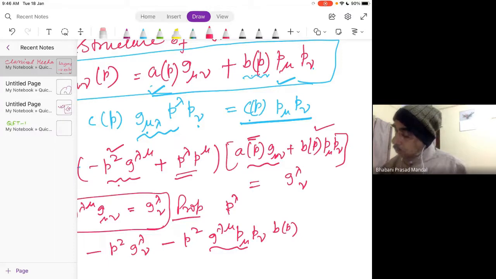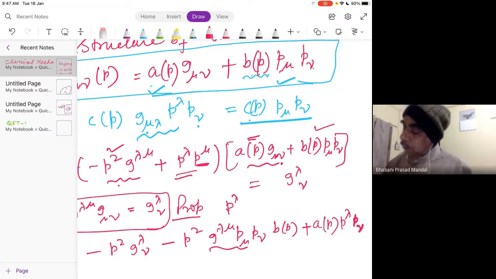So plus a(p) g mu nu, again lambda mu, again mu contracted, so this is lowered to nu. So p lambda and p nu.